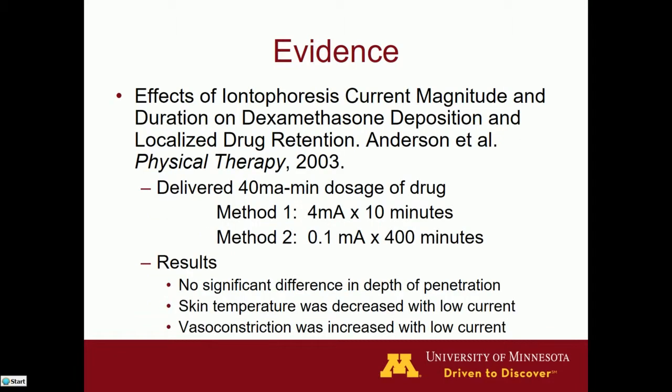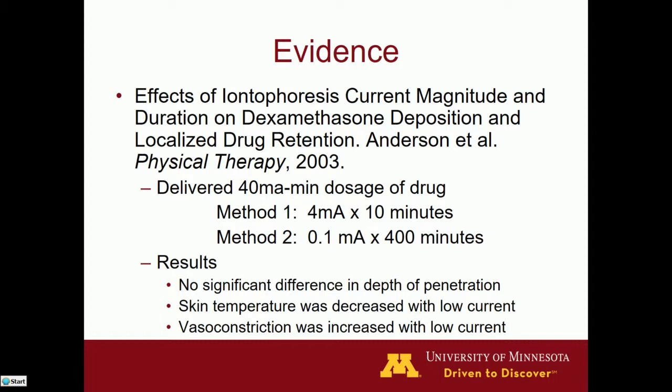This study talks about how much current is really needed to be effective in depth of penetration of the medication being used. And so you can see method 1 was a current of 4 milliamps times 10 minutes versus 0.1 milliamps times 400 minutes.